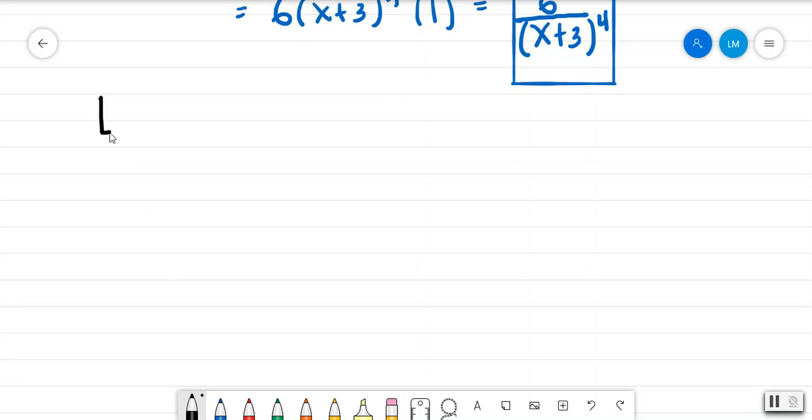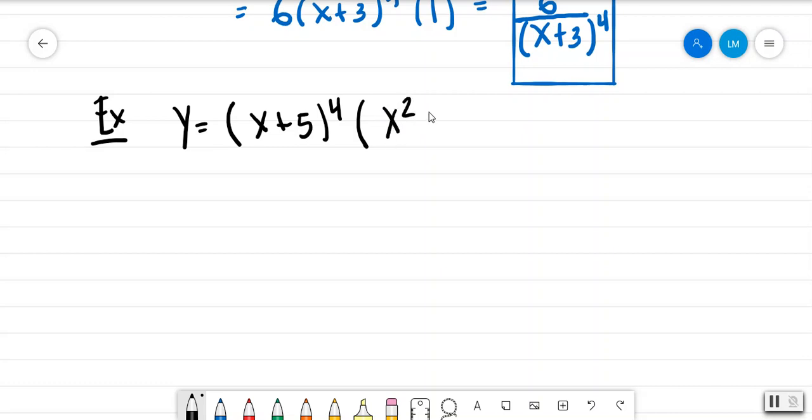So, for instance, let's say you have an equation where you have x plus 5 raised to the fourth power, and let's say that this is multiplied by a quadratic such as x squared plus 5x plus 6, but this is raised to the second power.